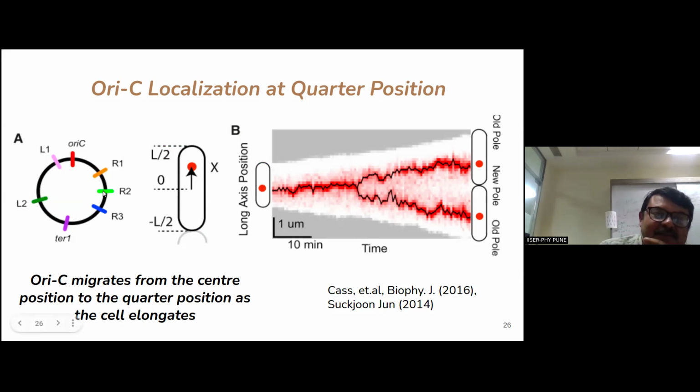That's the time when this part of the chromosome and this part of the chromosome have been replicated, and you will have this excess cross-link, because each daughter will take this new topology, and that is the time when the two oris will segregate out to two different halves of the cell, right?